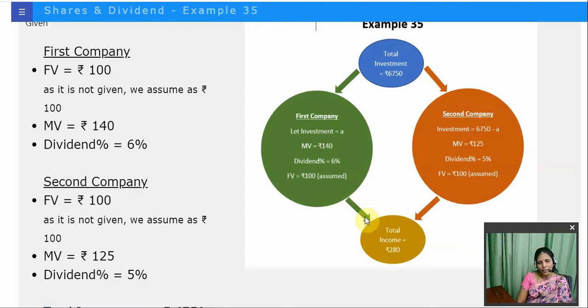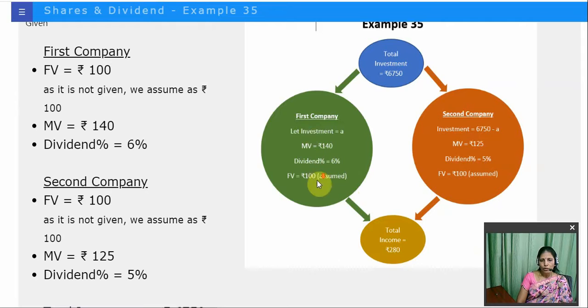Now he will be getting income, that is dividend, from the first company and also from the second company. This total income is 280, it's given. Now you need to find his income from the first company and his income from the second company. Add both, that is equal to 280.